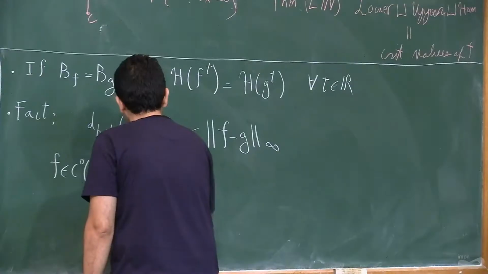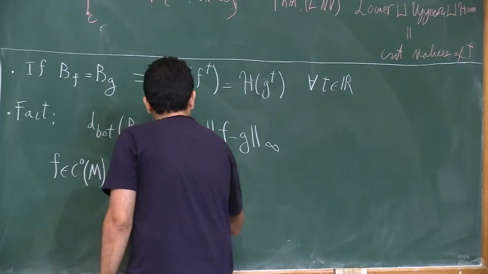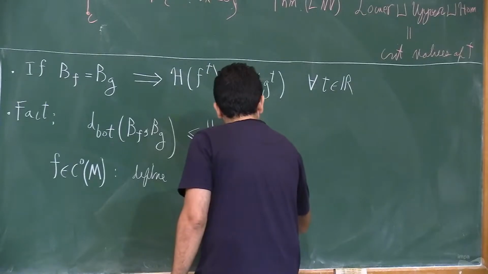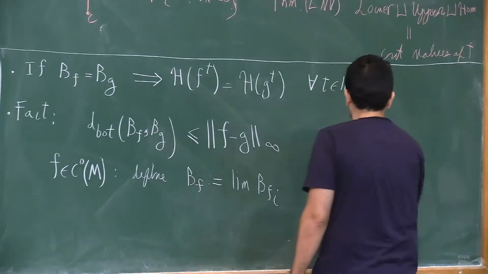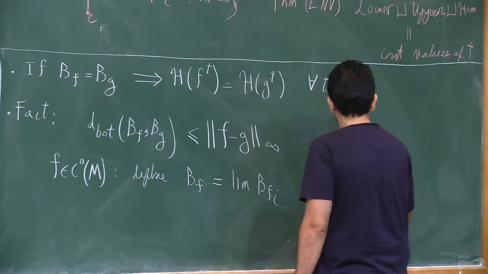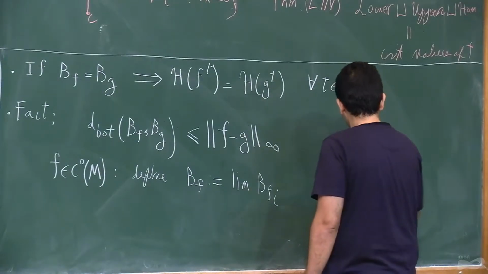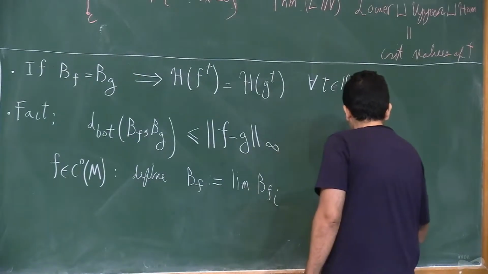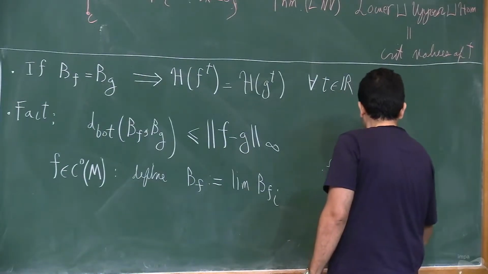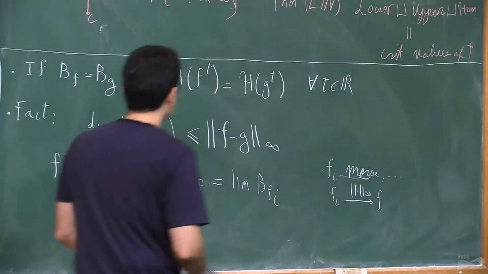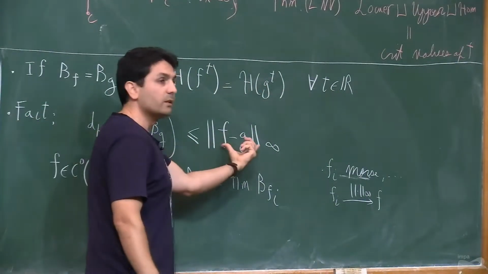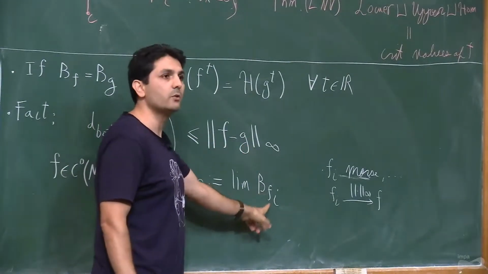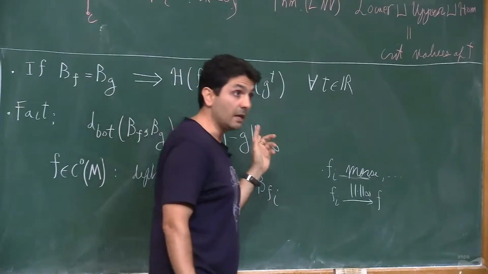I define the barcode of f to be the limit of barcodes of f_i, where f_i is Morse with distinct critical values, and f_i converges in sup norm, or in C0 topology, to f. Now, the fact that the bottleneck distance is bounded by the sup norm tells me that this sequence is Cauchy, so it has a limit in the completion.